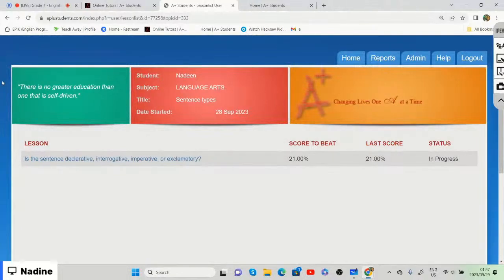If a question is being asked, you use a question mark; if it's a statement you're making, you use a full stop. If you are stressing a point, showing emotions, then that is an exclamatory sentence. So that is basically the end of our lesson on sentence types.